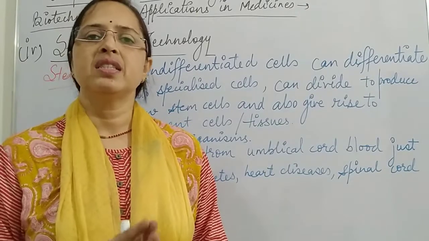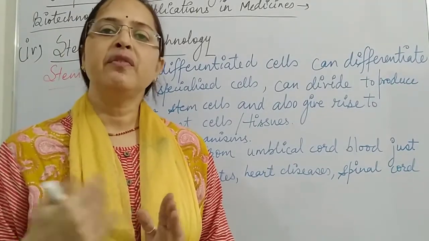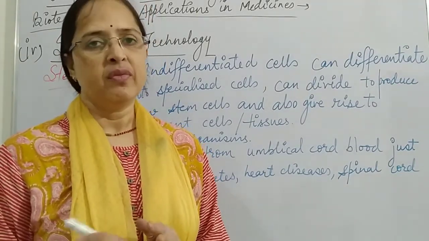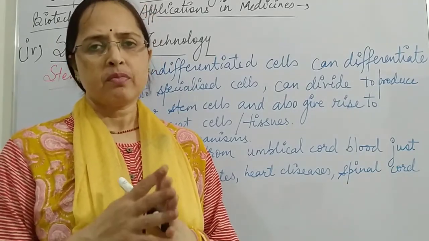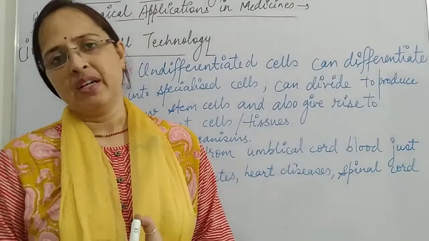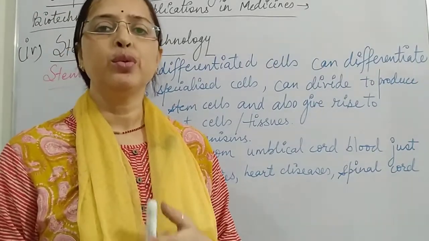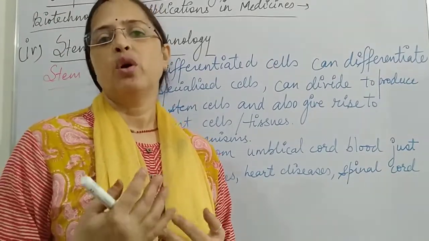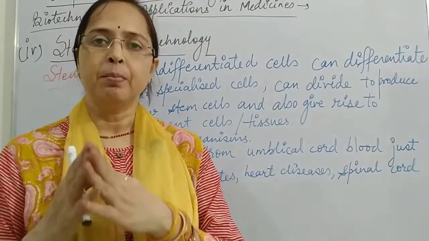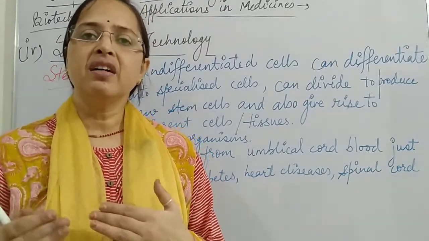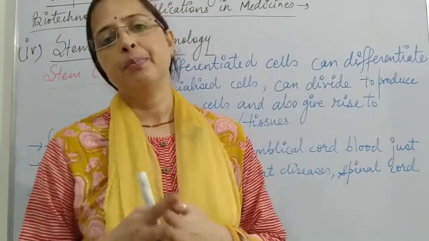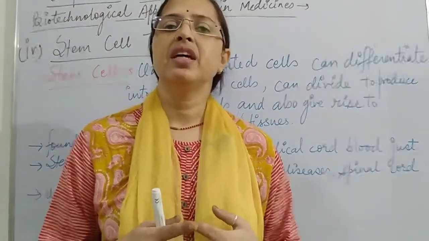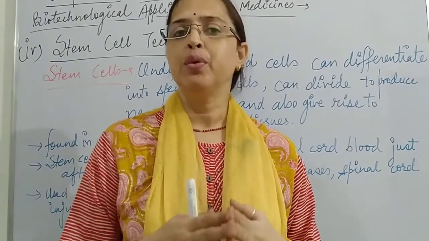These stem cells are preserved, and in future, if that baby develops into an adult and requires any kind of organ transplant, these stem cells can be used to form that organ for that person. When these organs are formed and transplanted into that person's body, there is no issue of immunity.